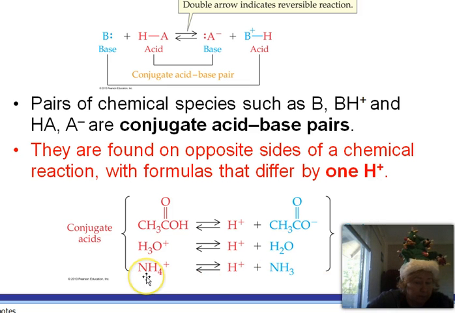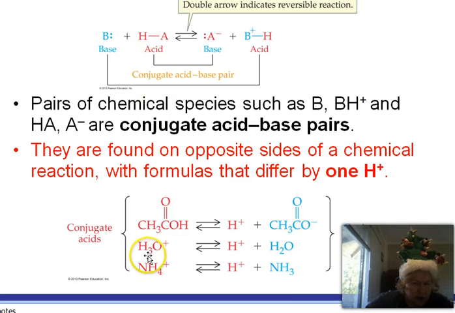Look at this. NH4+, NH3 over here. I bet that's the base. See how it works? H3O+, H2O over here. There's the base. These are the conjugate acids. They're going to give up this hydrogen ion. These are the bases. So it starts over here as the acid.